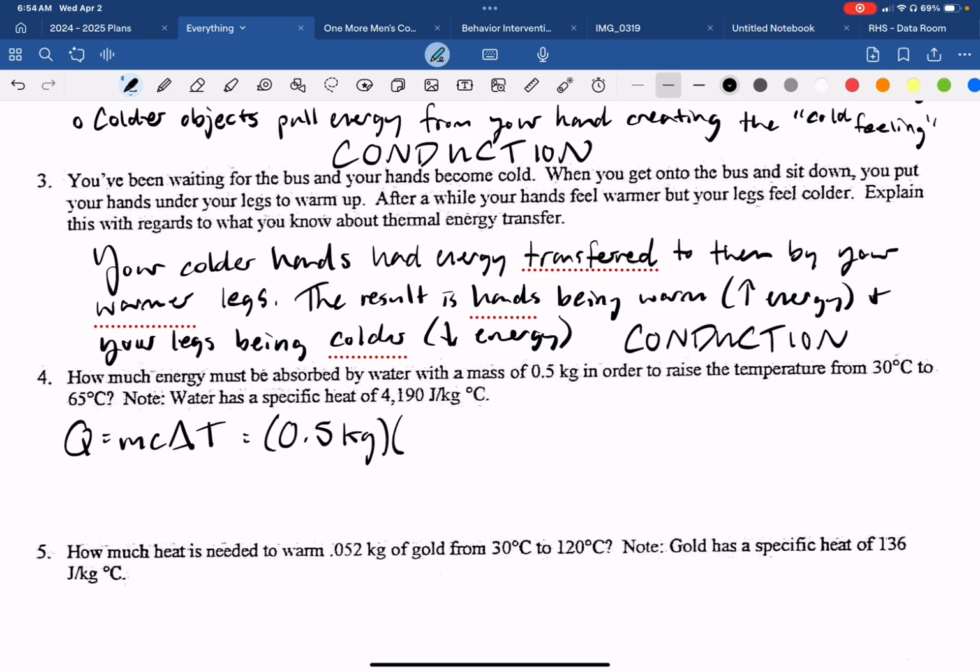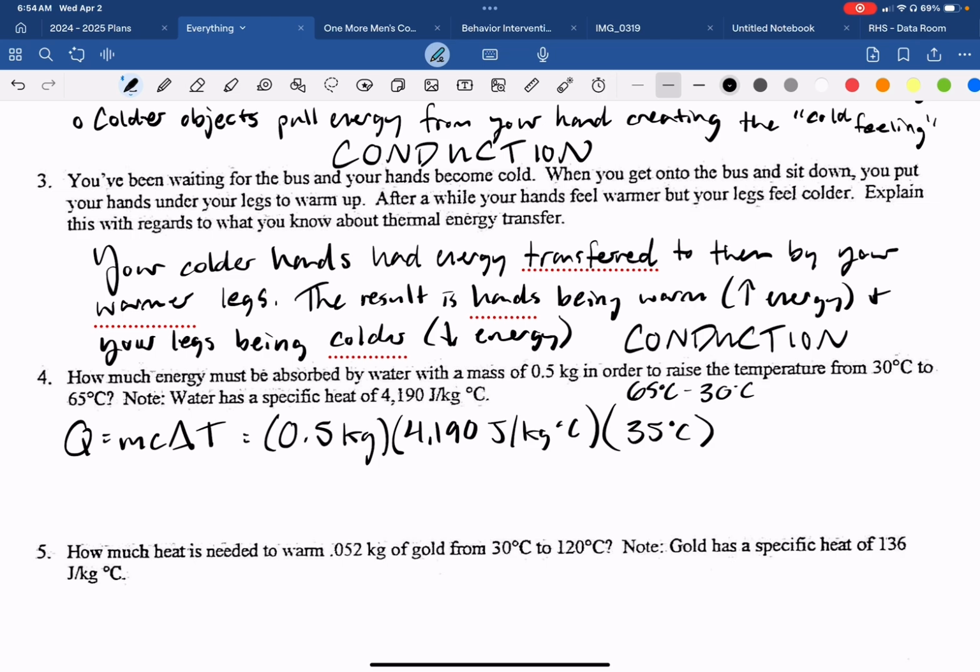The constant for water is 4,190 joules per kilogram degree Celsius. And the change in temperature, we went from 30 to 65. So we subtract our final minus our initial, and your change in temperature is 35 degrees Celsius.